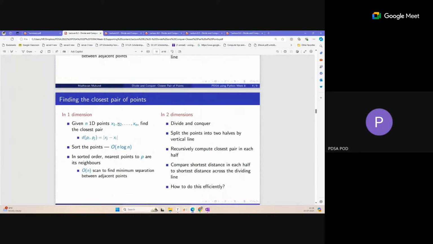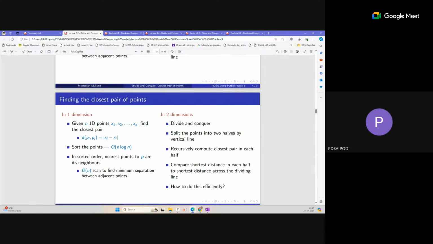So dividing the points. In one dimension, we can simply sort the points and perform these things. So we can sort the points; sorting takes n log n time. After that we can figure out the answer.